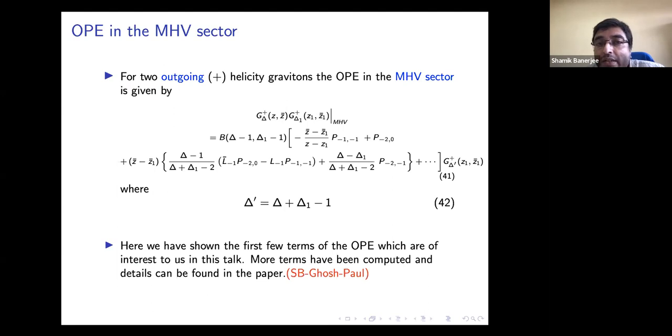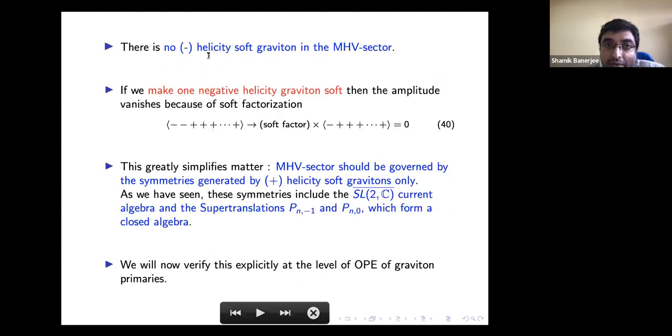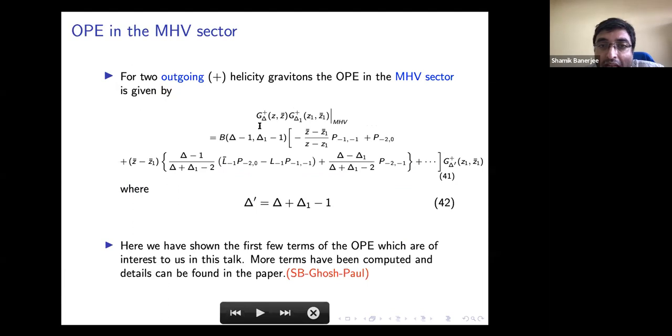We can talk about this because the MHV sector is closed, in the sense that we don't have any negative helicity soft graviton, and it is also closed under OPE. The OPE has this form. The first term, Z bar minus Z bar 1 by Z minus Z1, is of course there in any amplitude.